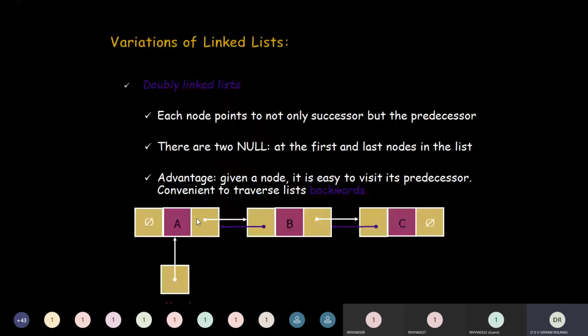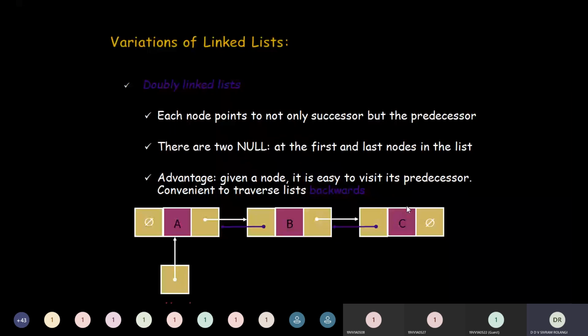The advantage of this setup is that, given a node, it is easy to visit its predecessors, and convenient to traverse backwards. That is the only advantage we have with the doubly linked list.